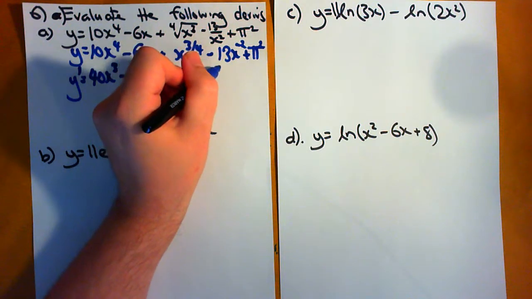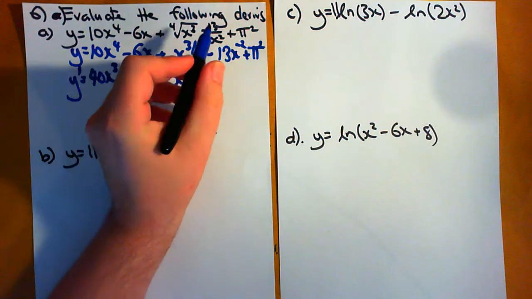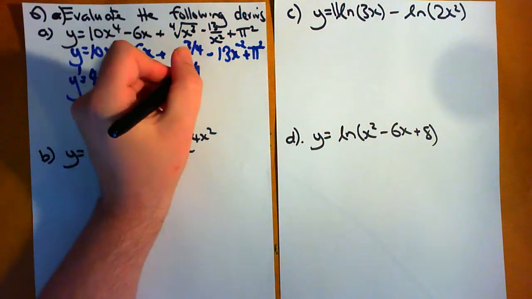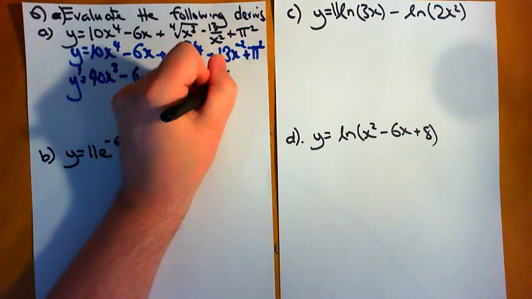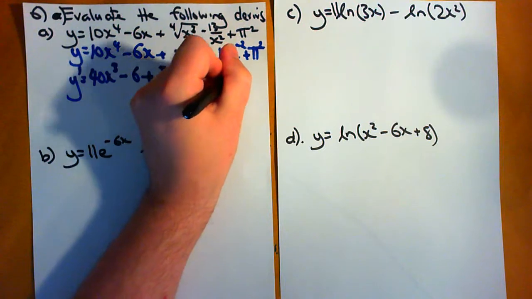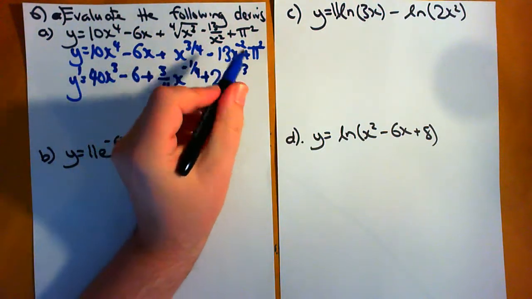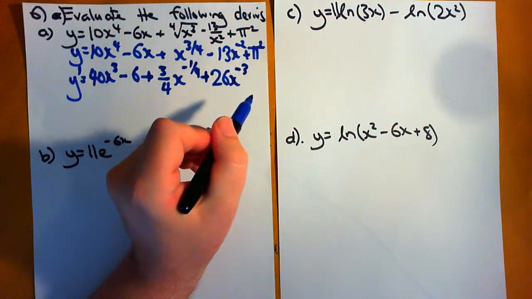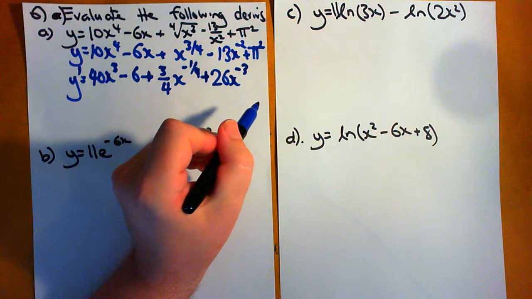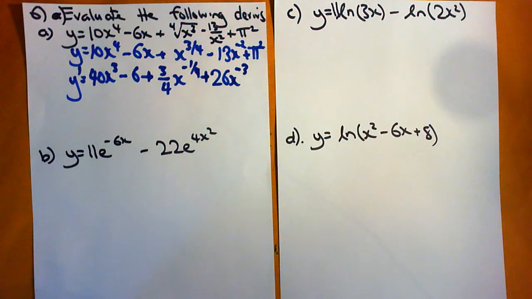Then we have the minus 13x to the minus 2. Minus 13 times minus 2 is plus 26x to the power of minus 3. Pi squared is just a number, roughly 9.86, so it differentiates to 0. Okay, so the derivative is 40x to the power of 3 minus 6 plus 3/4 x to the minus 1/4 plus 26x to the minus 3.